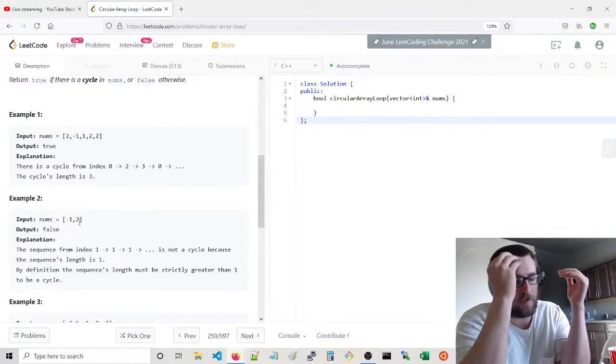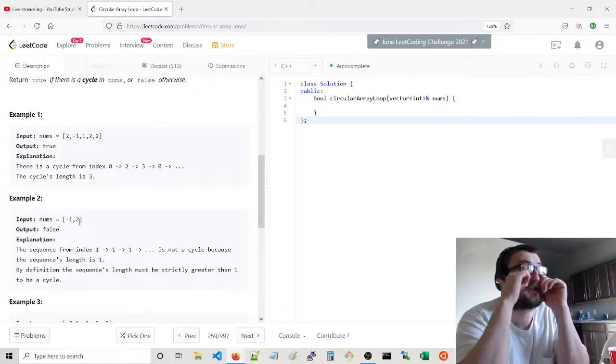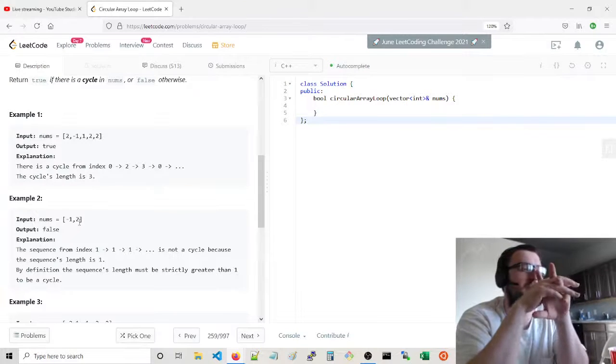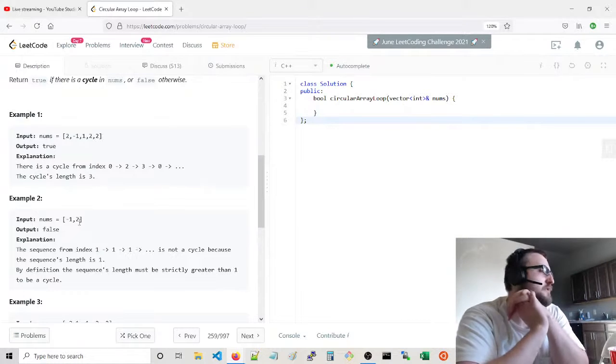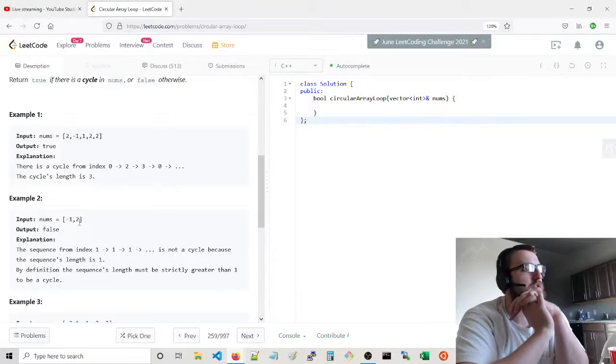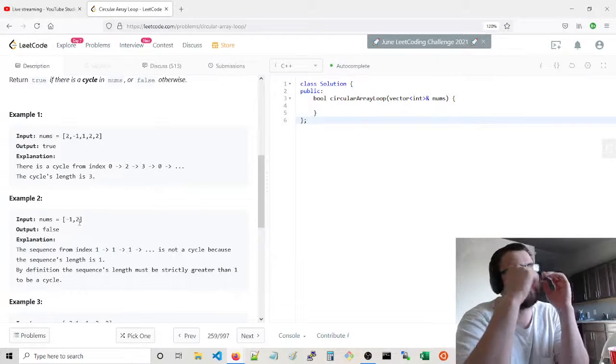Well, you can do something like this, where if that particular value or index is effectively 0, right? Modulo is a multiple of the array size, then immediately you can remove that from consideration, right? Because you skip that index, go to the next index.